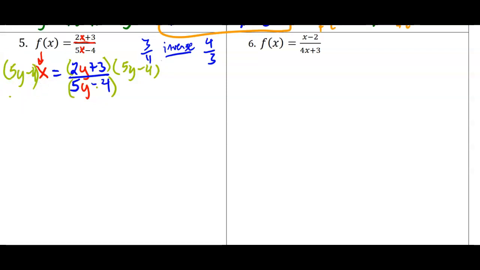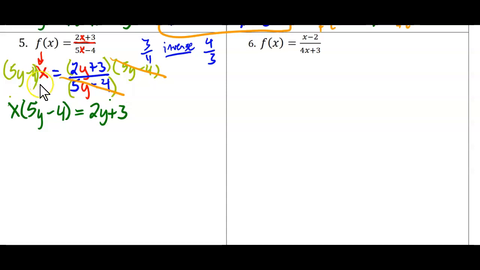Okay, so what I now have is x times 5y minus 4 equals 2y plus 3, because 5y minus 4 divided by 5y minus 4 is 1.